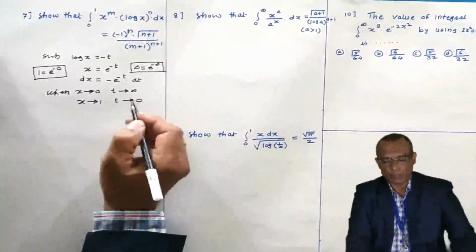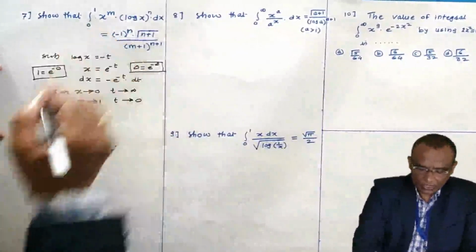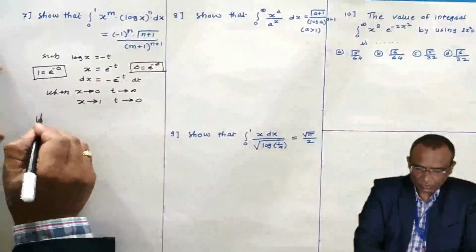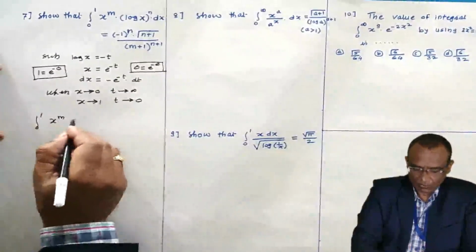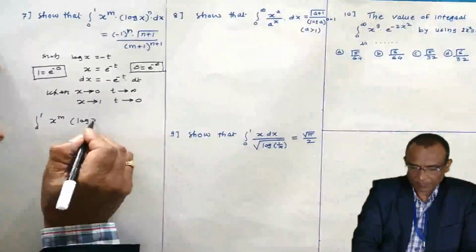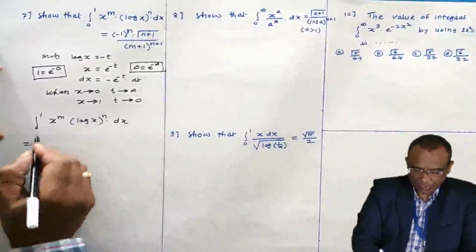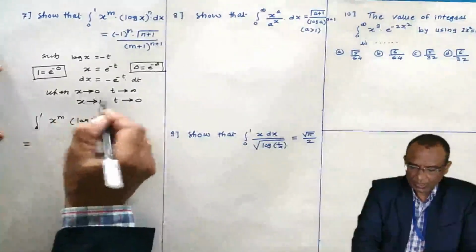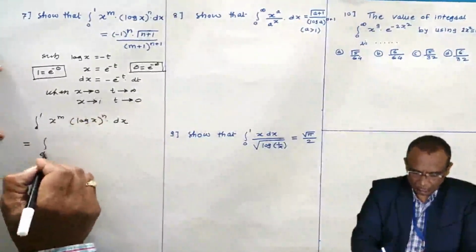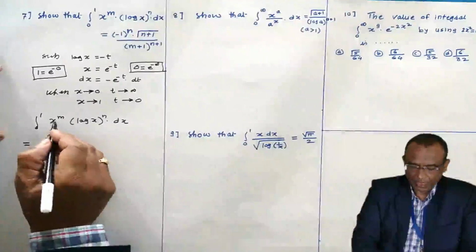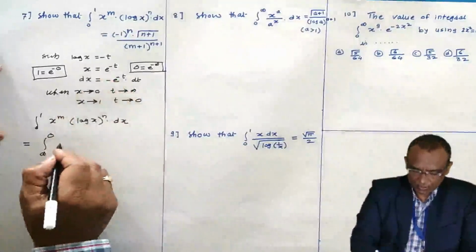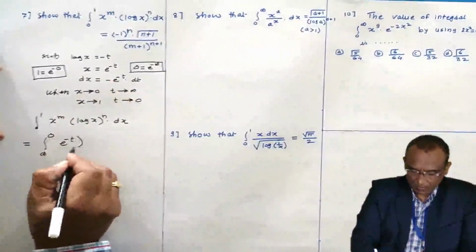Okay, this we have done previously. Now, this integral I am writing: 0 to 1 x power m log of x power n dx. Substitute, 0 to 1 can be written as infinity to 0. X power m is, this is x power m.